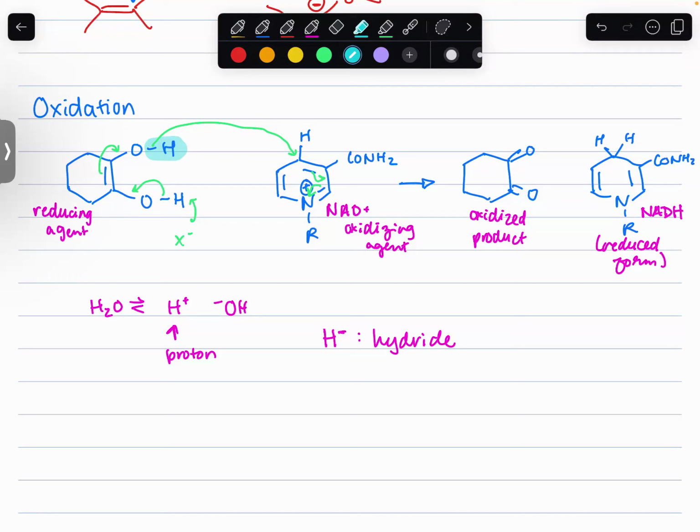So the hydride stuff will only happen with NADH or NAD plus. If you flip the arrow, it's going to change. The exact reverse of this reaction would be a reduction.